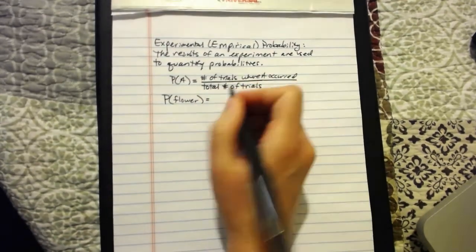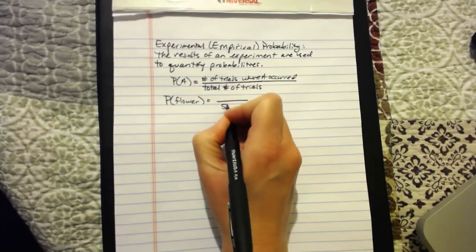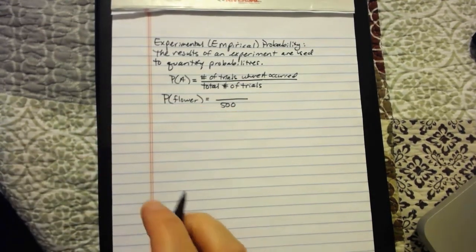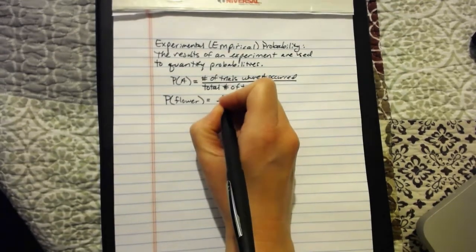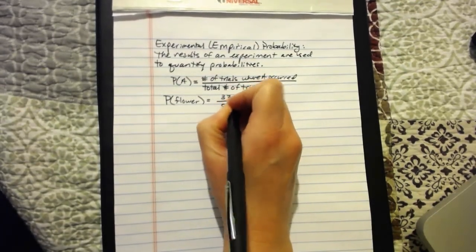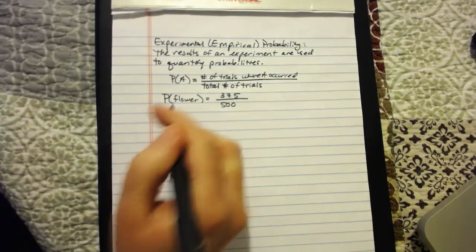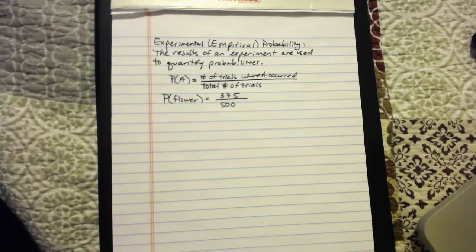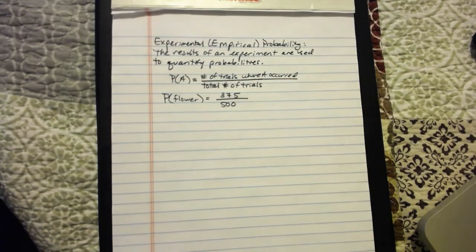So let's say that I plant 500 seeds, for example, and let's say that out of those 500, I don't know, 375 eventually turn into a marigold flower. So that would give me then my estimate, my probabilistic estimate of the germination rate for that new type of seed that I'm using.